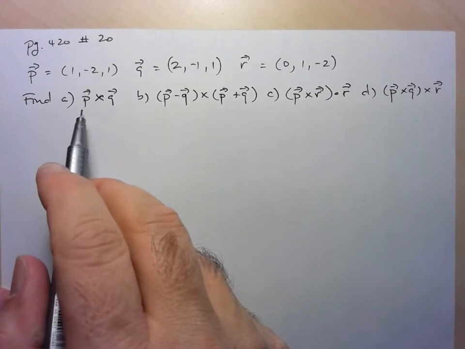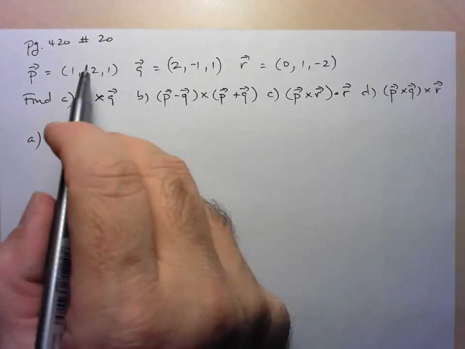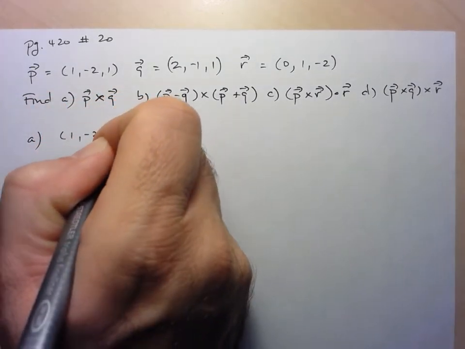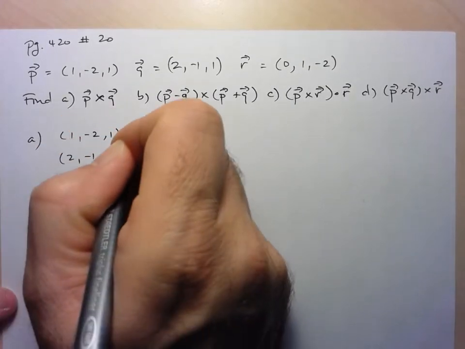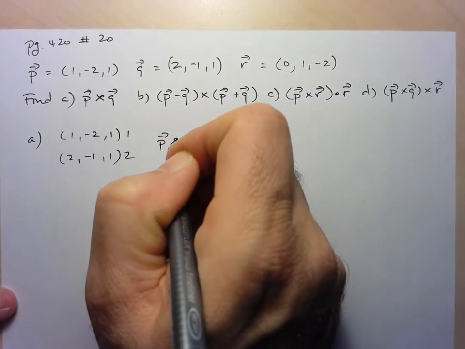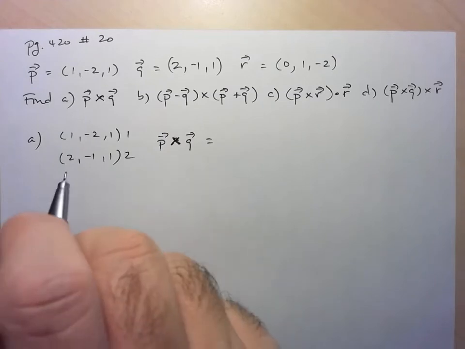Okay, so the first one, nice and easy, just a cross product. So I'll set this up with my two vectors, one over the other. So 1, -2, 1, and 2, -1, 1, and I'll bring over my x components to the other side. And so P cross Q is just going to be equal to, so what do we have here?